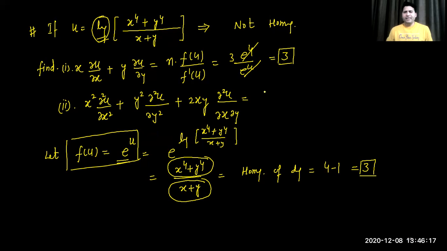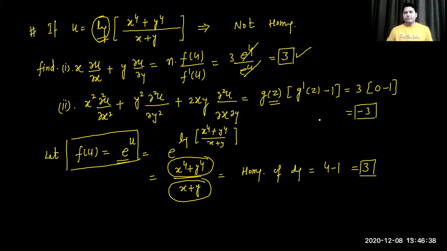For the second one, it is g(z) into g'(z) minus 1. g(z) is the result of the first statement, so g(z) is 3 over here. So 3 into the derivative of 3, which is 0, minus 1, which is minus 3. So for this question, the first part is 3 and the second part is minus 3.